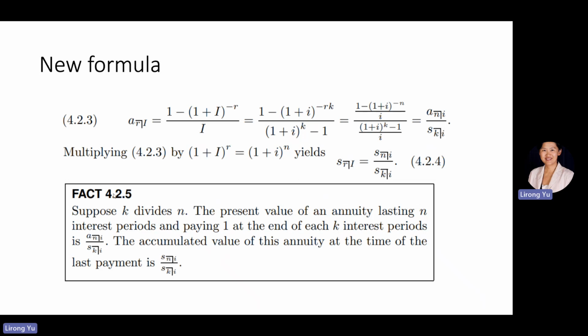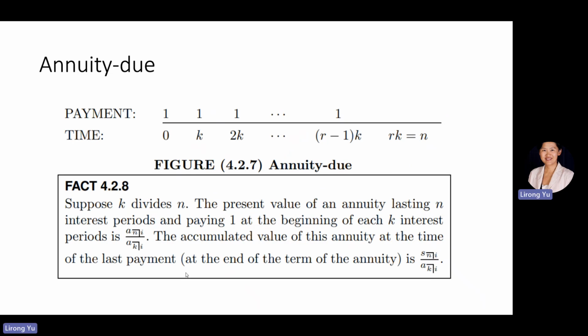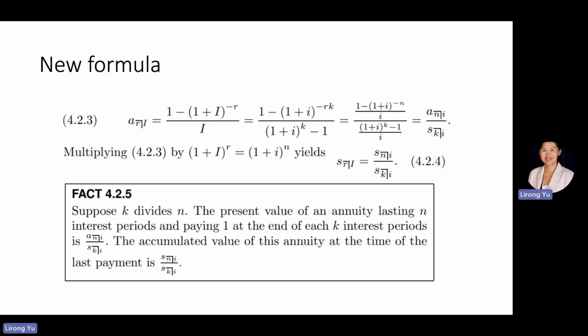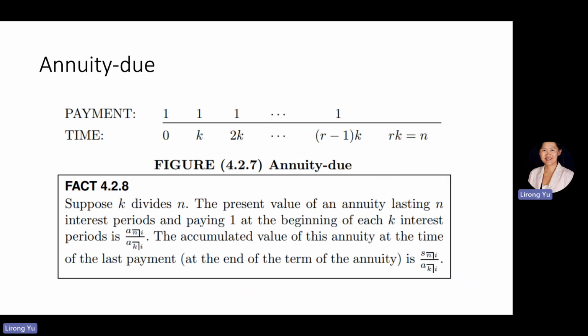So fact 4.2.5 summarizes that the present value is a_N over s_K, and then the future value is s_N over s_K. All right. Similarly, what we have is annuity immediate. We can also look at annuity due.